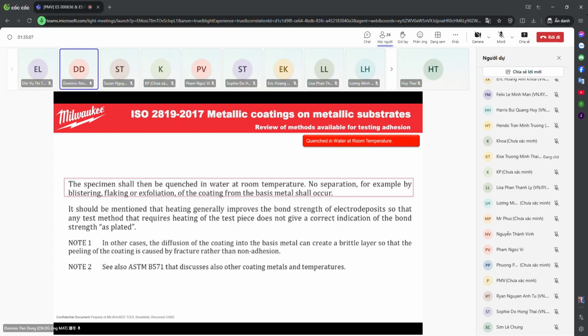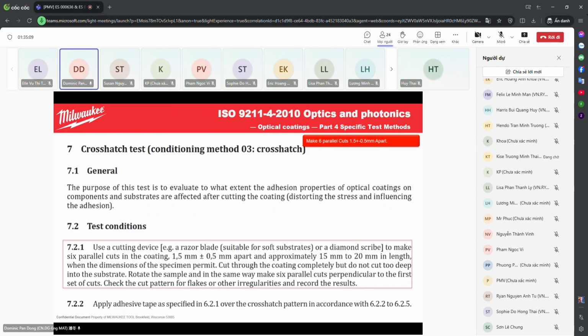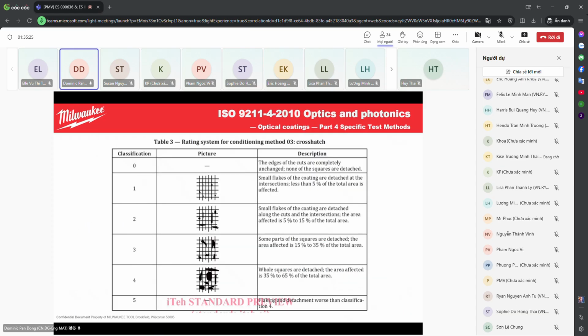And finally, we both know that for TTI parts, we have a very commonly used testing method, the so-called cross-hatch test, a scribe test. We use a special knife and cut vertical and horizontal lines and check.